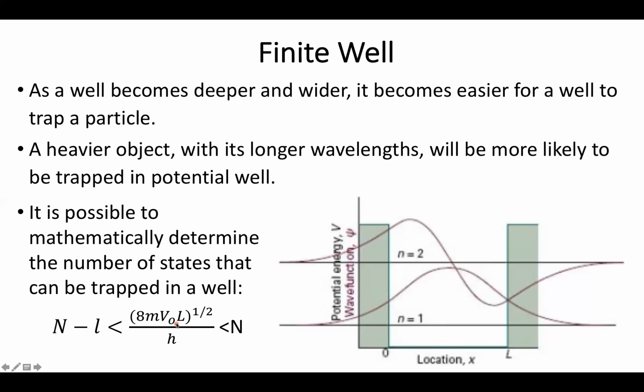And this does give us a formula to figure out how many states can be trapped in there. So essentially, what you're going to be looking for is finding the energy value from this expression. And then you're going to be finding the integer value that's one lower. So you'll take this value and then find the nearest integer. And that's going to be more or less how many states you can keep trapped in.